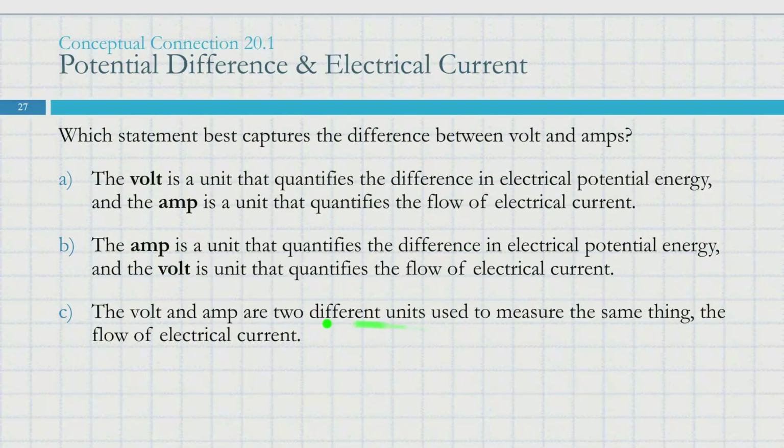Or are they two different units for measuring the same thing? Yeah, it's A. The volt quantifies the difference in electrical potential energy, joules per coulomb, and the amp quantifies the flow of electrical current.